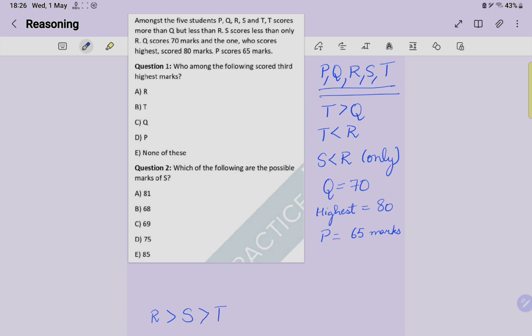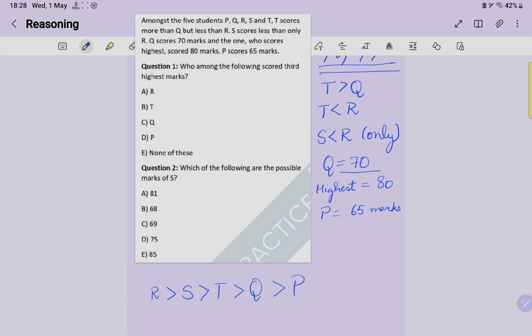It is because I have got an idea that Q has 70 marks. And if Q has 70 marks, it is going to be greater than P. So in that context, I have taken T here because T is greater than Q. Then the next here will be Q followed by P.